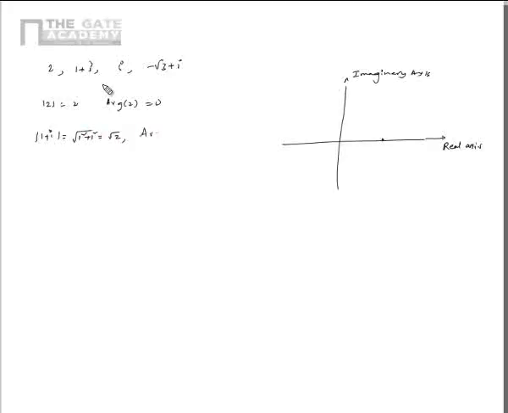The argument of 1 plus i: 1 is somewhere here, i is somewhere here, so 1 plus i is somewhere here, and this is 2.